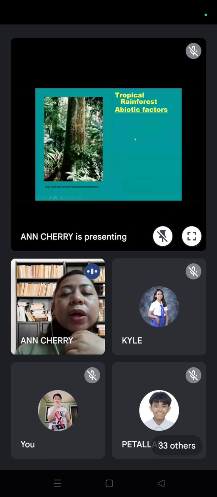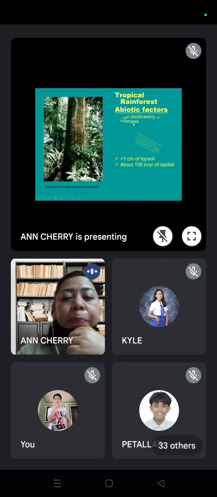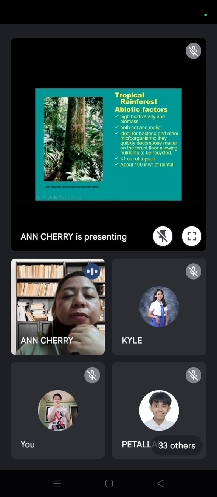Okay. So what are the abiotic factors that we can observe in the tropical rain forest? Okay. First, the tropical rainforest has high biodiversity and biomass. No? So mataas yung kanyang biodiversity, and at the same time, because of high biodiversity, mataas din ang biomass.